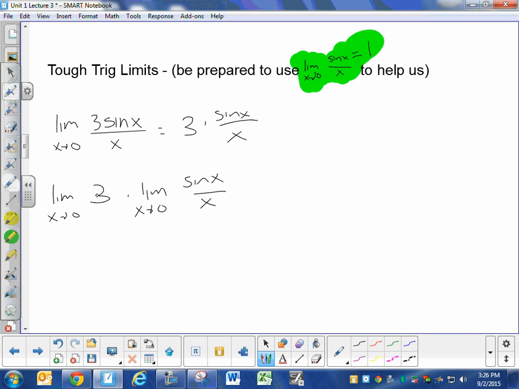What is this? This is just 3. What is this? You know this now. That's 1, giving you your answer of 3. Simple enough, right? I just used my multiplication properties, and I split up the limits, and I'm good.